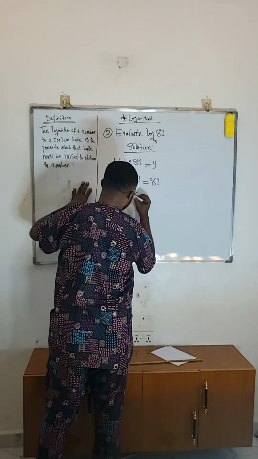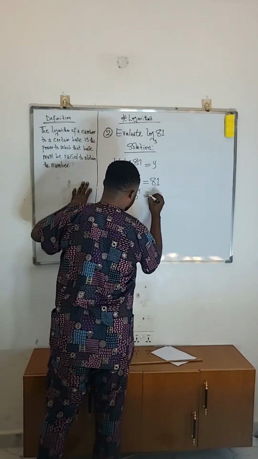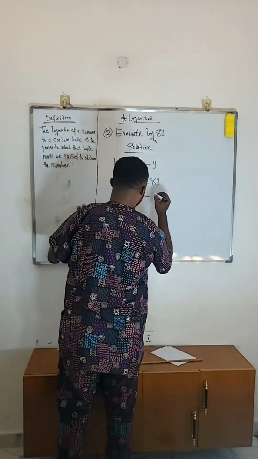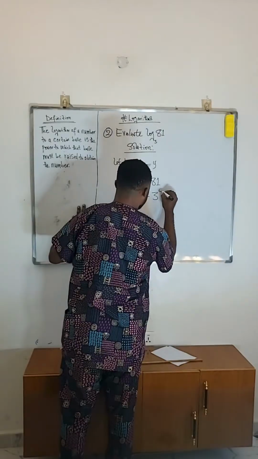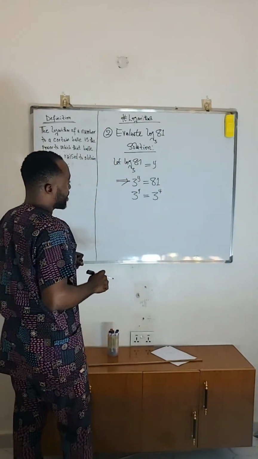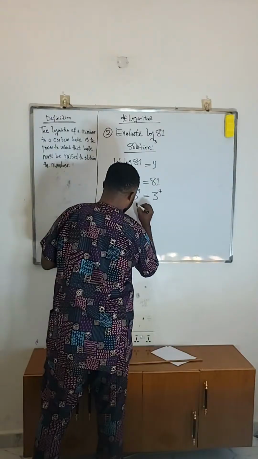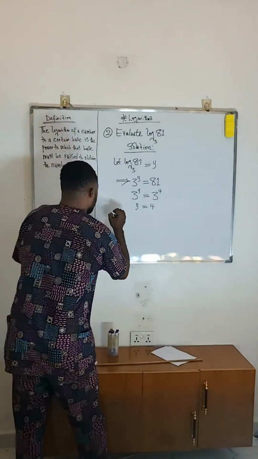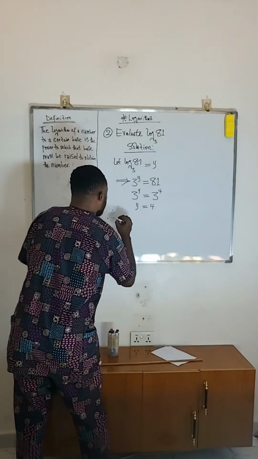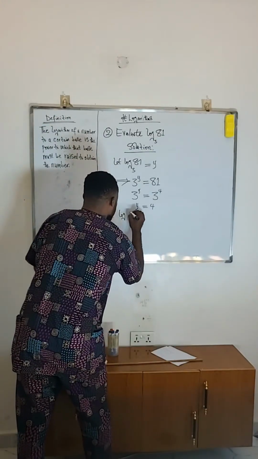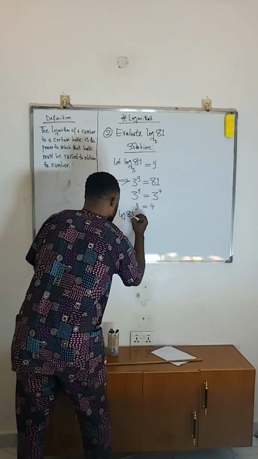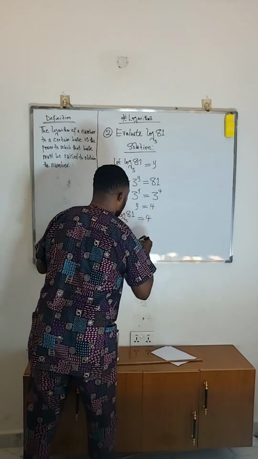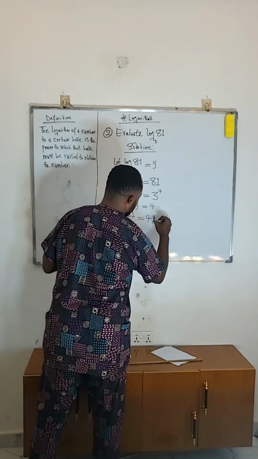Meaning that if you express 81 in terms of 3, you're going to have 3 raised to the power of 4. Therefore, y equals 4. You can now say, therefore, log 81 in base 3 equals 4. This is the answer.